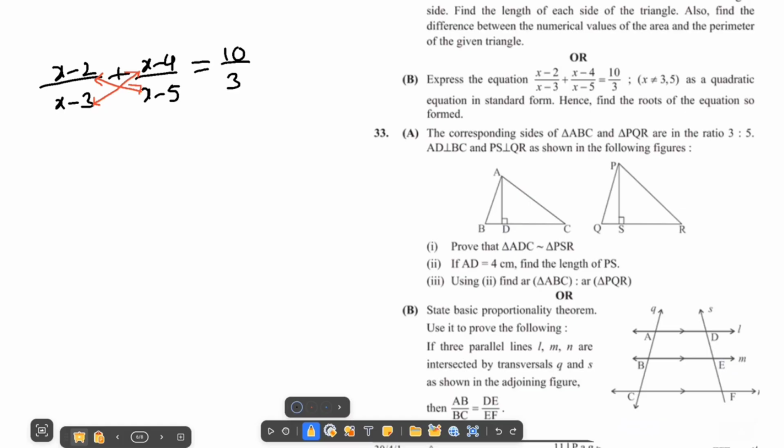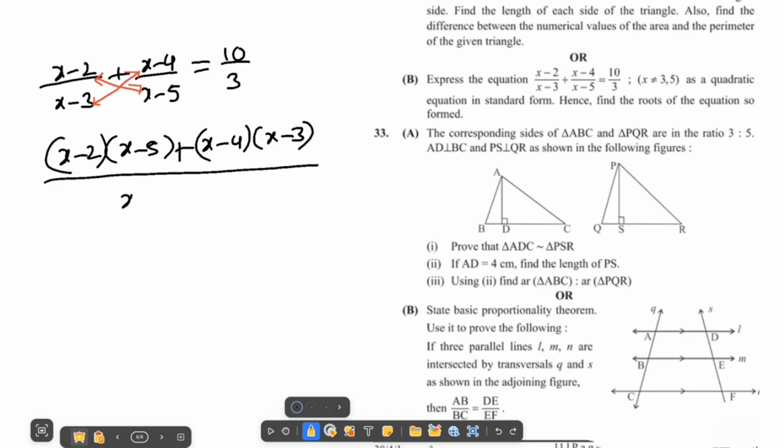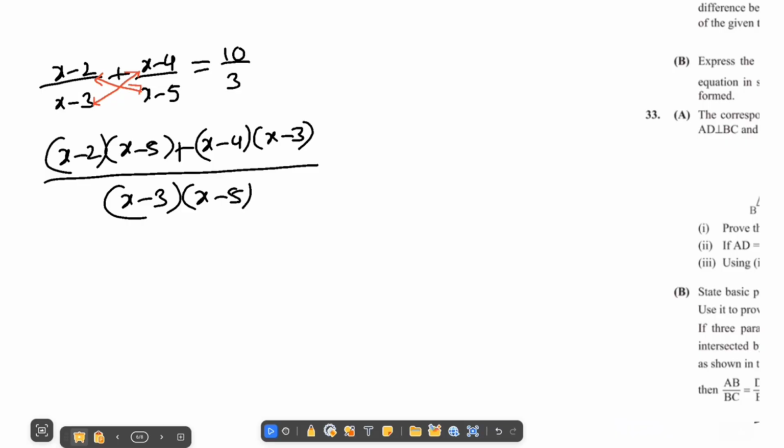So now we can write it as (x minus 2) into (x minus 5) plus (x minus 4) of (x minus 3), whole by the product of denominators (x minus 3) of (x minus 5). So RHS will be the same. So this will be equal to 10 by 3.